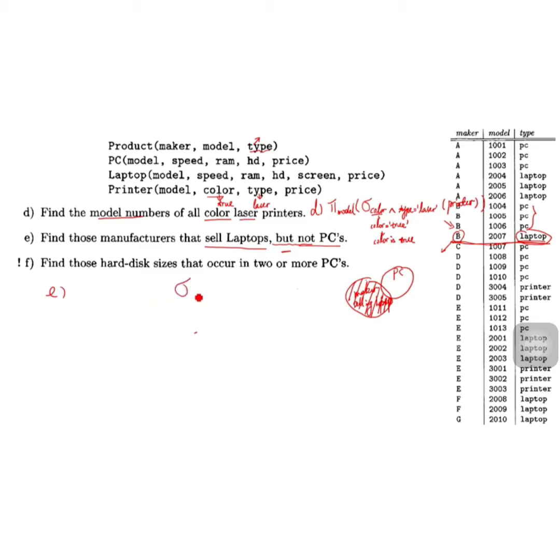Okay, now if type is laptop, that means this type laptop, this one, this one, this one, this one, this one, and so on. They all sell laptop. Oh, sorry, not laptop. Product.